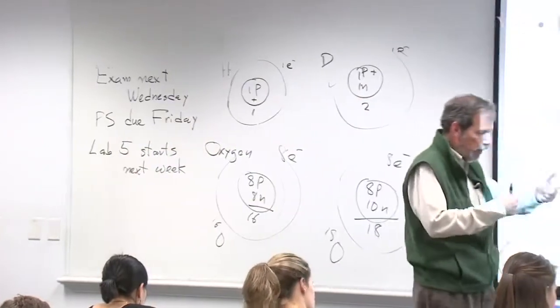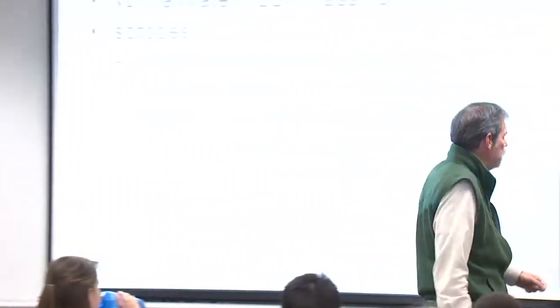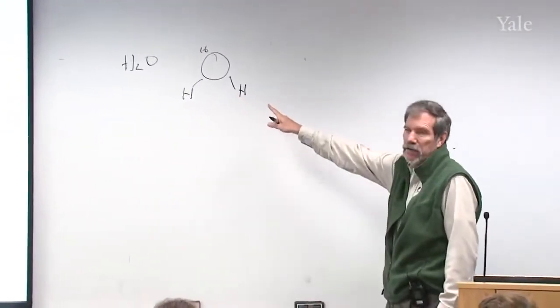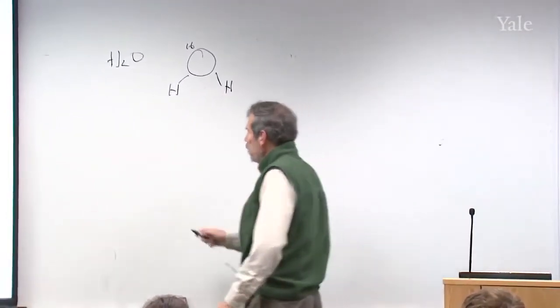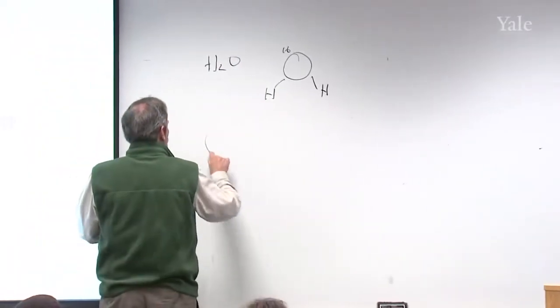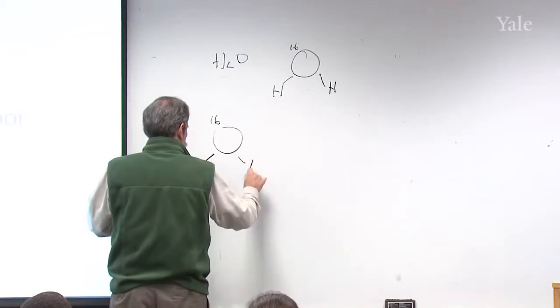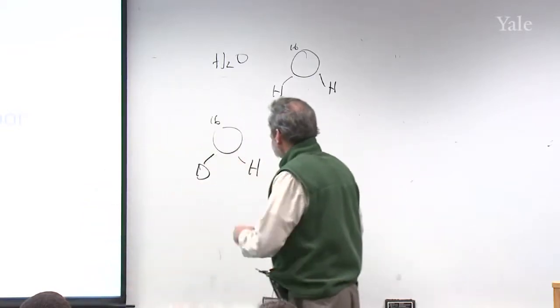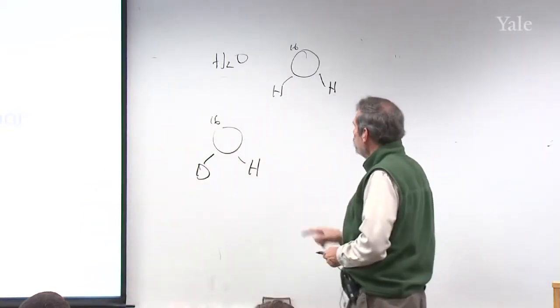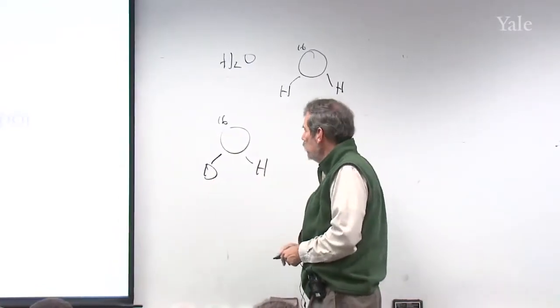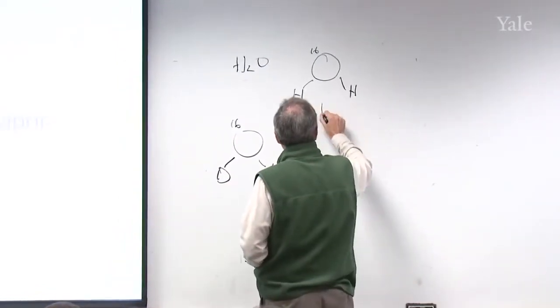So if you just randomly put these atoms together to form molecules, almost everything is going to be like this. But there are going to be some that have this structure, where you replace one of the hydrogens with a deuterium. Notice that this has a mass of 18, right?